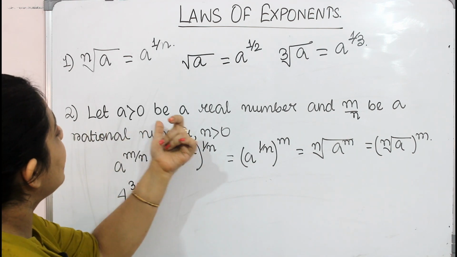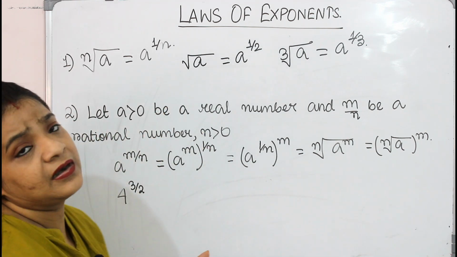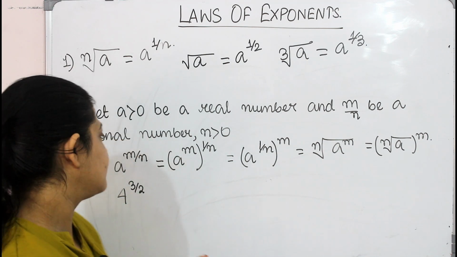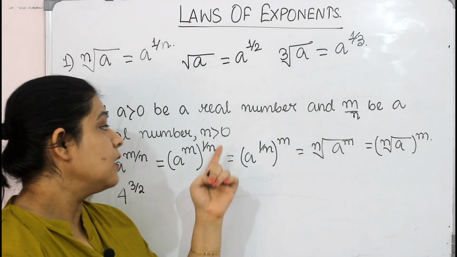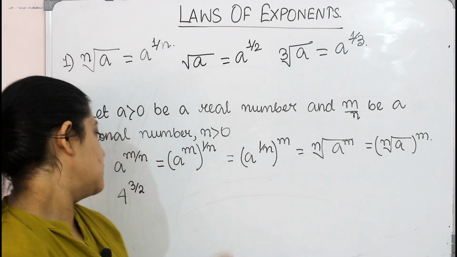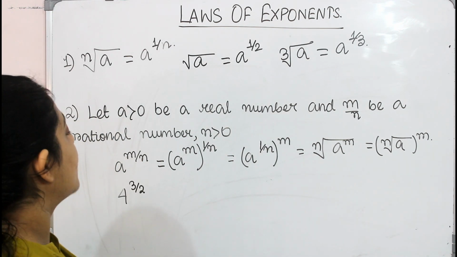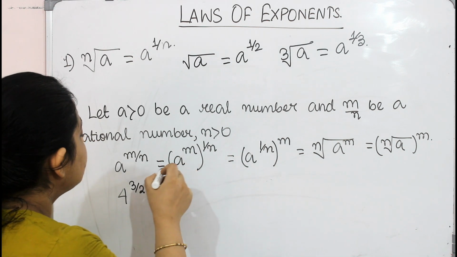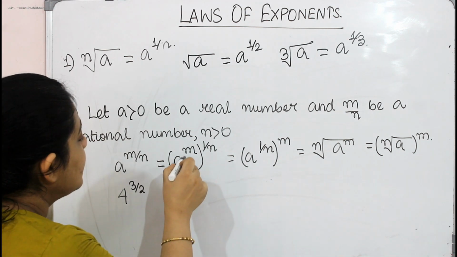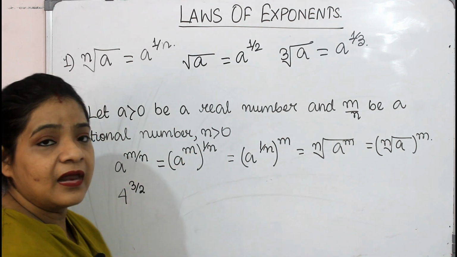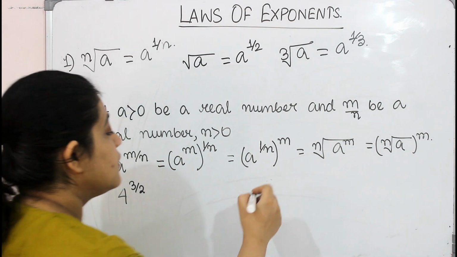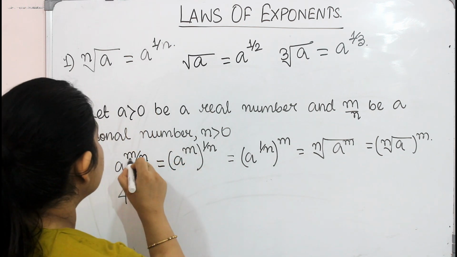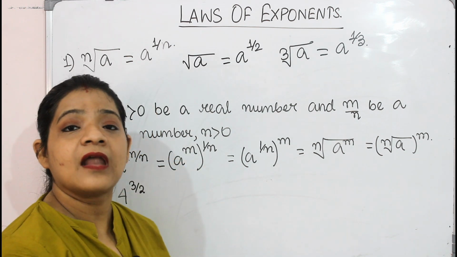Another is: let a greater than 0 be a real number, that is, a is considered as the base, and m by n be a rational number where n is greater than 0. That is a to the power of m by n. You can easily write it as a to the power of m into 1 by n, power raised to power. So if m is one power, 1 by n is another power.